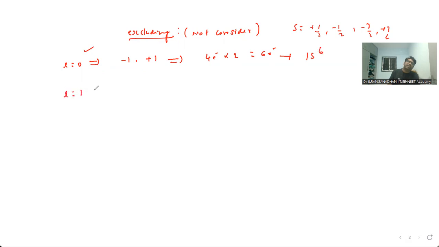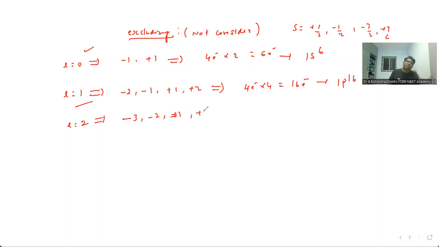Next, L equals 1. Then minus 2 is possible, minus 1 also possible, plus 1, plus 2. Don't consider 0. So how many subcells? 4 subcells. 4 electrons into 4 subcells is 16 electrons. L equals 1 means the p orbital, 1p with 16. Next, if L equals 2, how many subcells? Minus 3, minus 2, minus 1, plus 1, plus 2, plus 3: 6 subcells. 6 subcells into 4 electrons is 24 electrons.